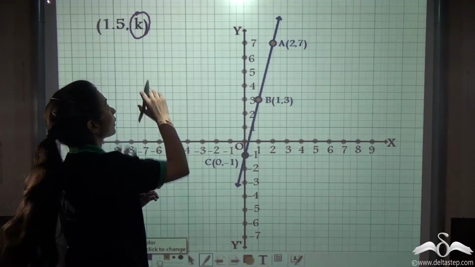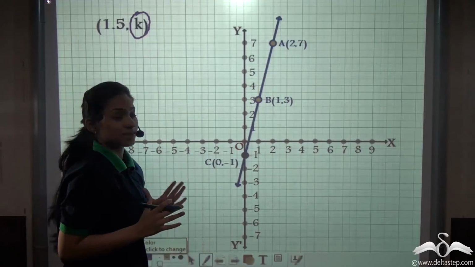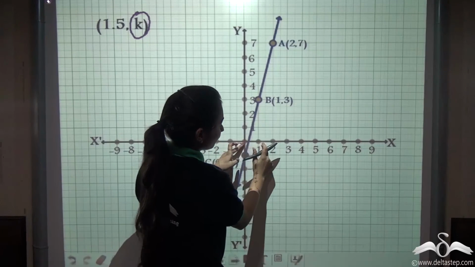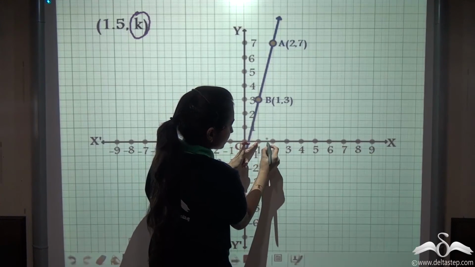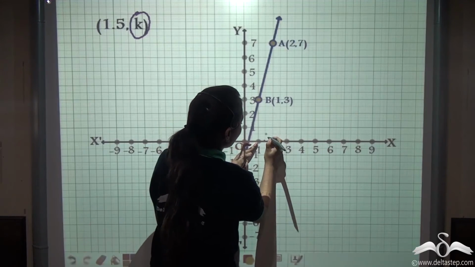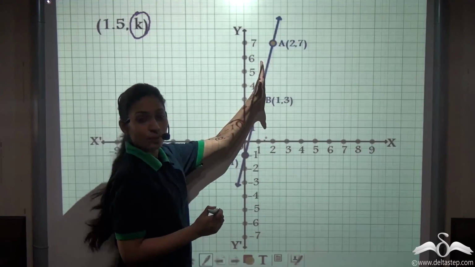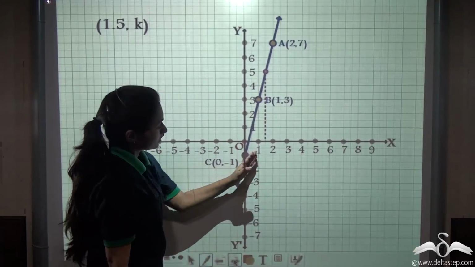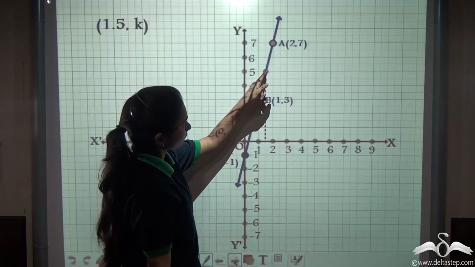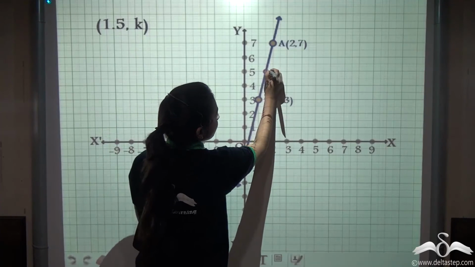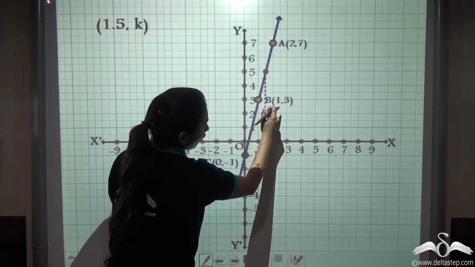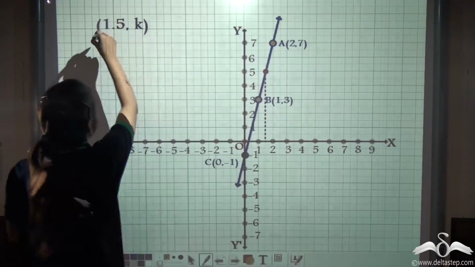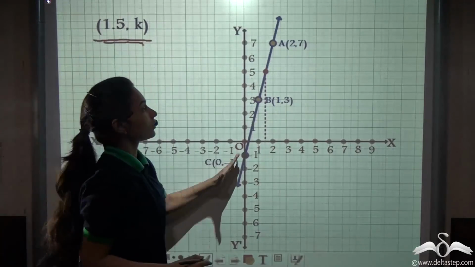Well, let's try to locate (1.5, k) on this line. We know that the x coordinate is 1.5. Let's see where 1.5 is, 1 and 5 tenths units here. So let's make a dotted line till it touches this line. See, we have made a point here. This is the point where the x coordinate is 1.5 and it touches this line. Now you know that this point has to lie on this line.